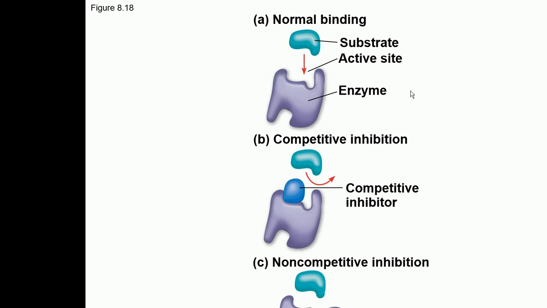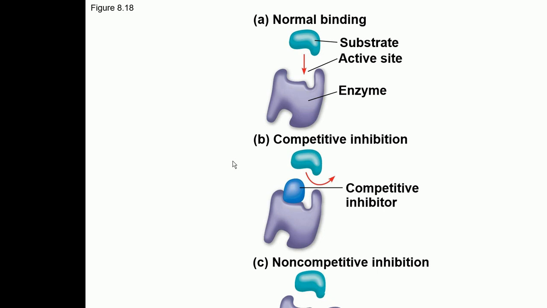This is normal. Now, what is competitive inhibition? In competitive inhibition, the inhibitor goes and binds to the active site and sits there, because its shape is compatible with the active site. So there is no place for the substrate to bind.